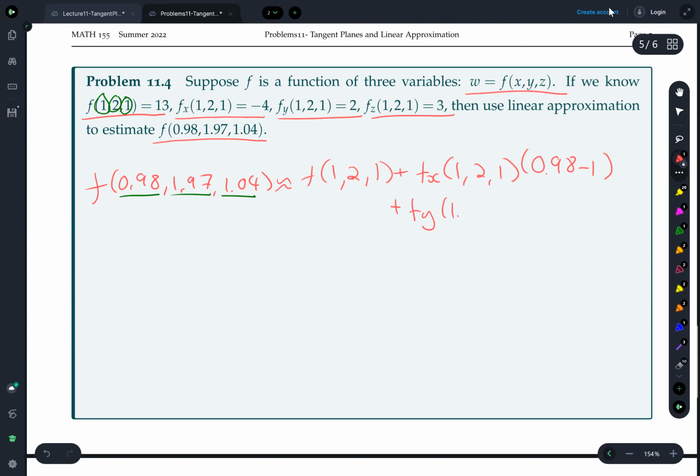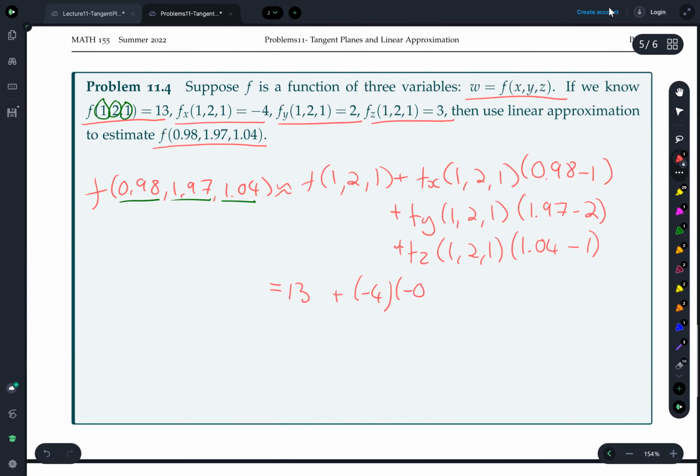Do exactly the same in the y direction, and in the z direction as well. If you evaluate all of that, you should end up with 13 plus minus 4 times minus 0.02 plus 2 times minus 0.03 plus 3 times 0.04. What do you end up with? 13.14, good. At least that's the answer I came up with.